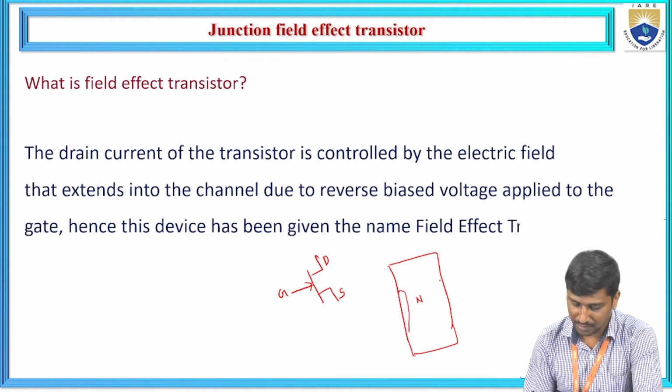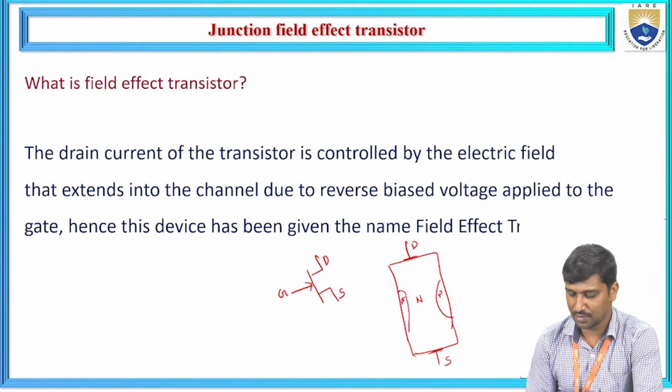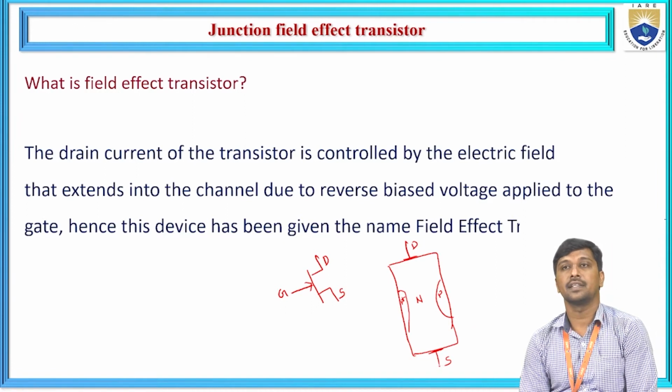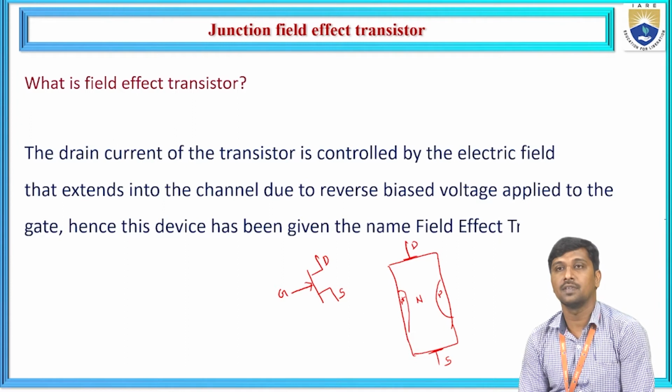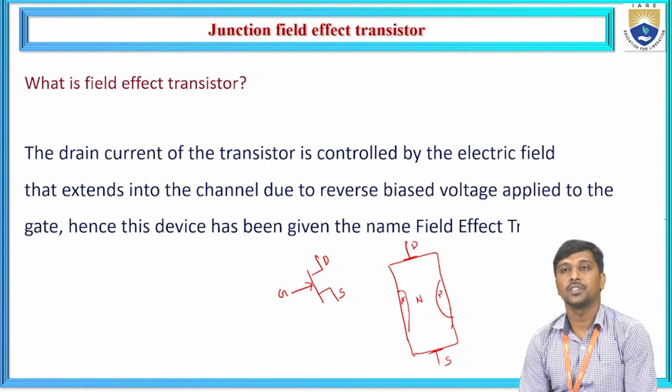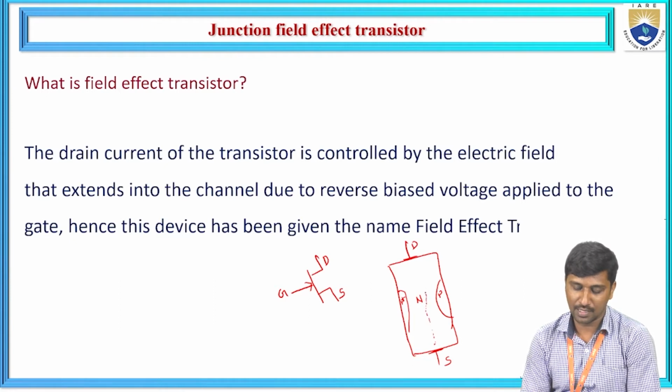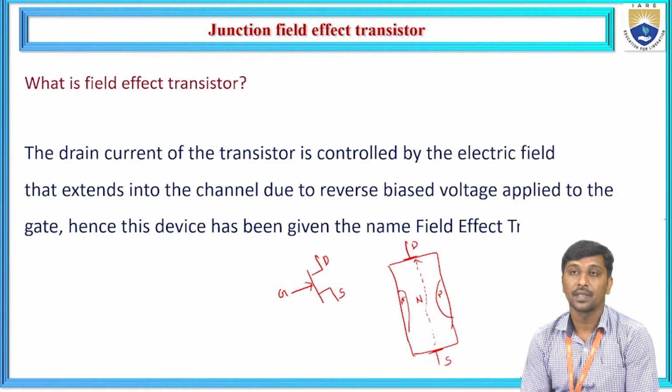we are placing two heavily doped P plus materials, and one side is connected with the drain, and the other end with the source. Based on this FET construction, we know that the source always gives the charge carriers to allow the current. The charge carriers diffuse from the source to drain, and the drain current flows from drain to source.